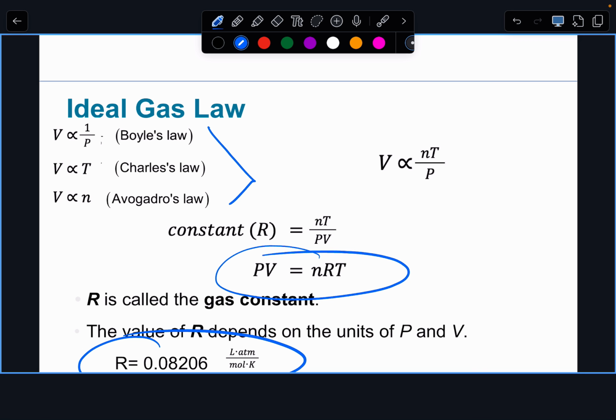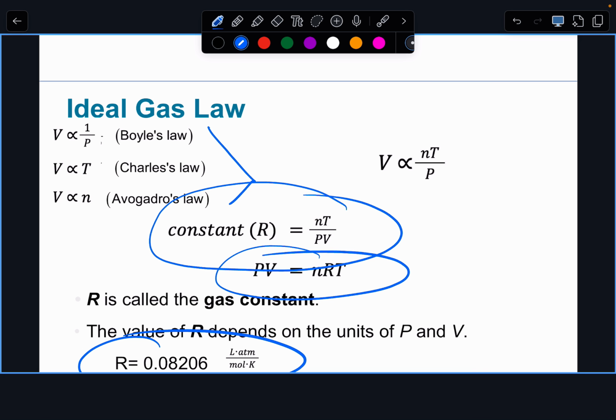So if I rearrange the ideal gas law to look like this, the constant is NT over PV. Now, if I pick any two variables that I care about, let's say T and V. So that would have been Charles' law, the one where we took the balloon and cooled it down.